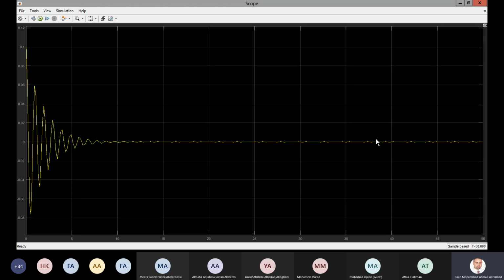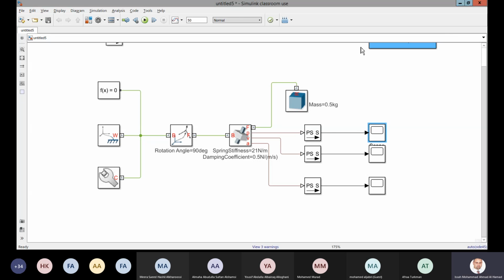You can see the scale is changing. Is it clear, guys? Let me show you. I will make it 10 again and run.